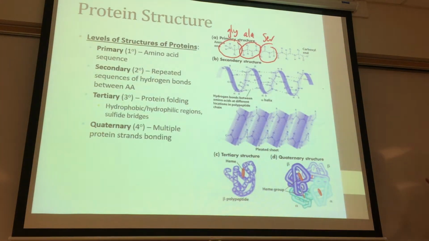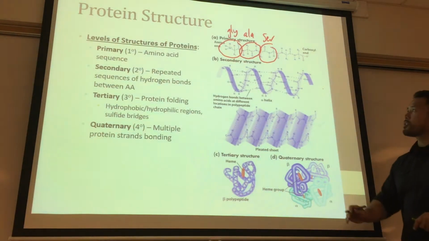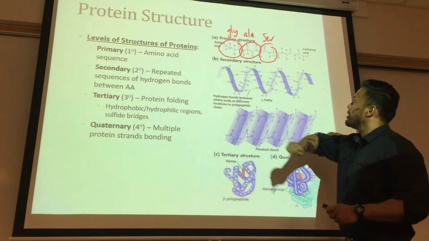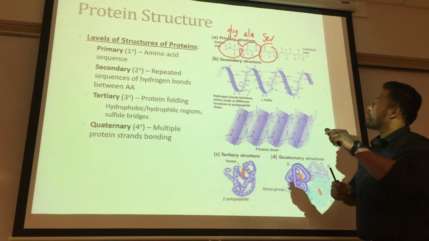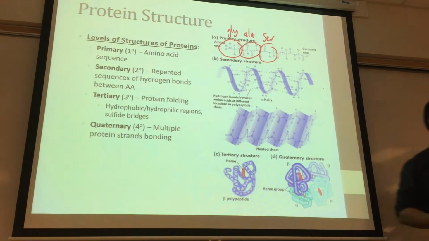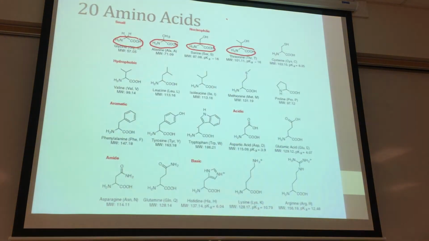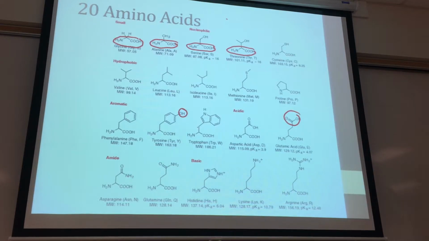Now take that, and what we're going to look at is the secondary structure. The secondary structure looks at the hydrogen bonds that form all along this primary structure. Let's take a look at tyrosine. There's an OH right there. Glutamic acid has another electronegative side on there.